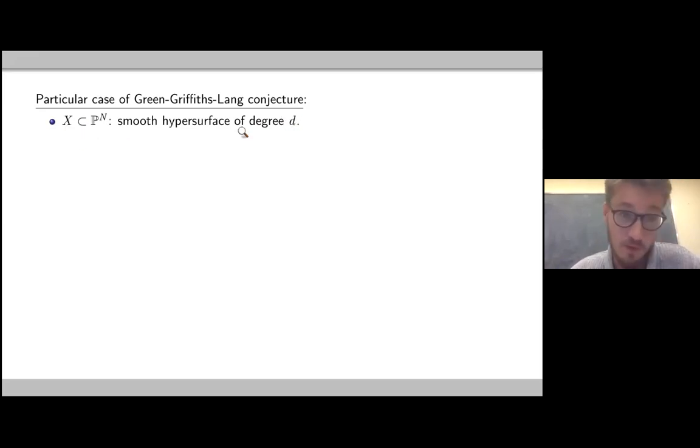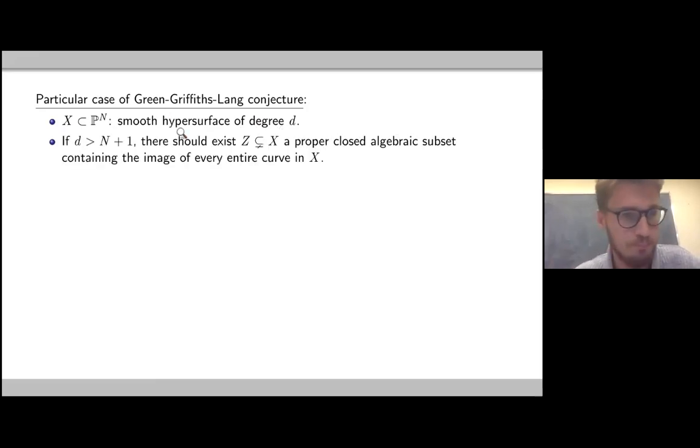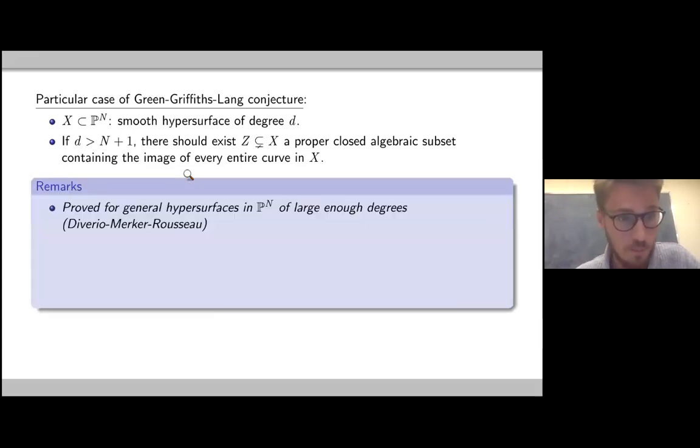So it's given by the zero locus of a homogeneous polynomial of degree d with a certain condition so that it's smooth. And the conjecture says that if the degree is strictly greater than n+1, then there should exist a proper closed algebraic subset in X which contains the image of every entire curve in X. So it's really a very strong conjecture, which is far from being proved at the moment.